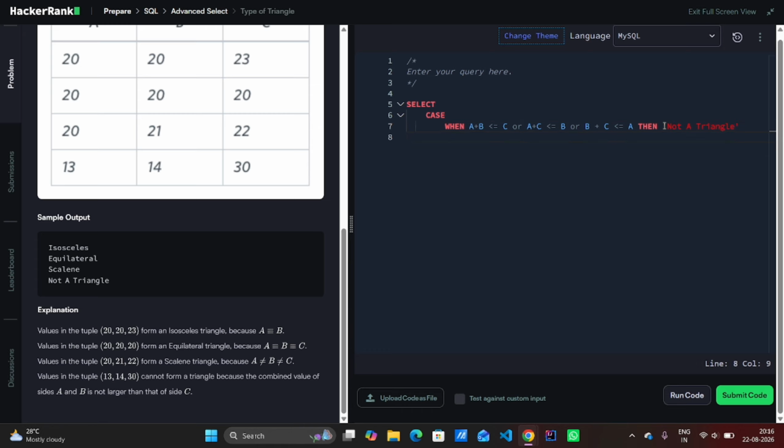Similarly, we have to apply another condition for the equilateral triangle: when A is equal to B and B is equal to C, because all sides should be the same in an equilateral triangle, then this is the equilateral triangle.